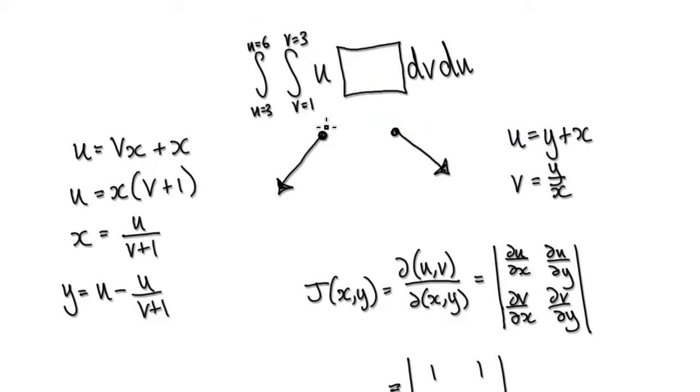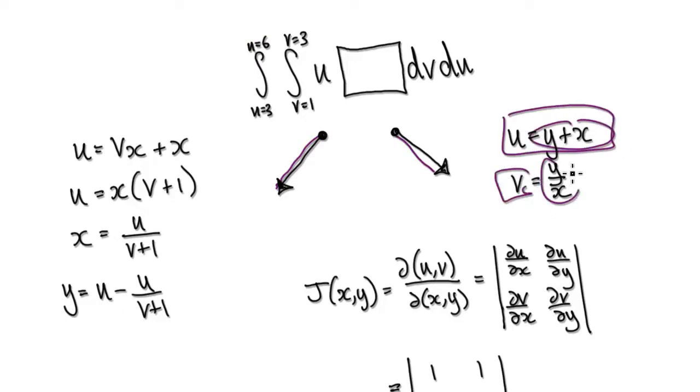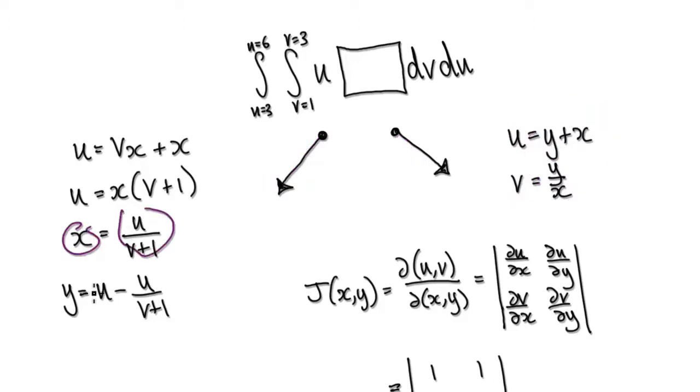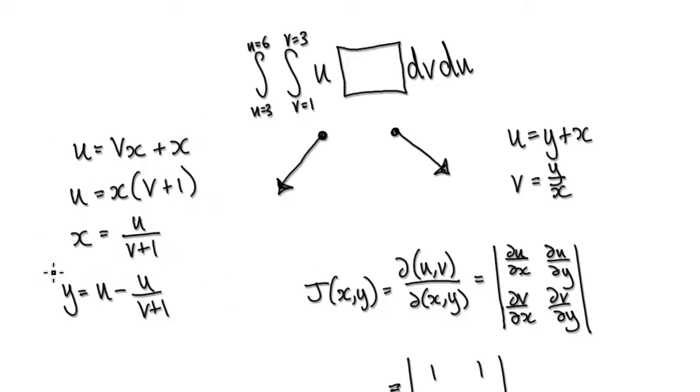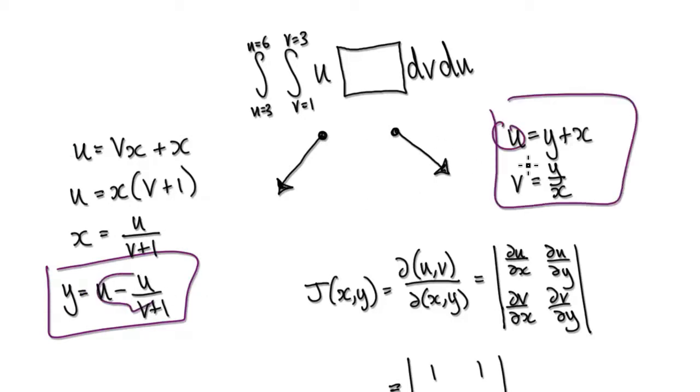When you get to this stage, you have a choice of either working all in terms of u equals something and v equals something, or you can work in terms of x equals something and y equals something. Looking at this, we are not going to use this method because I don't really want to differentiate this with respect to v or u here. If we work in terms of u and v, then the Jacobian is easier to work out.